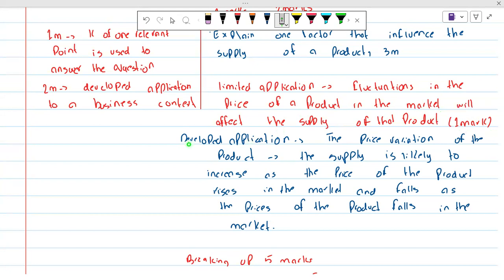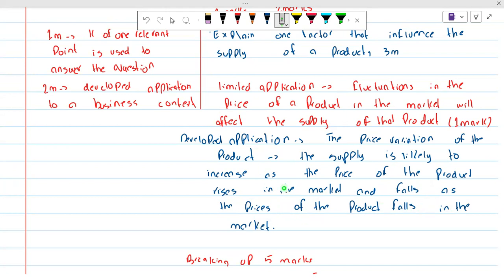But if you develop your application, like if you make chains in the application, for example, we can say the price variation of the product. This is my knowledge point. The supply is likely to increase as the price of the product rises in the market and falls as the price of the product falls in the market.